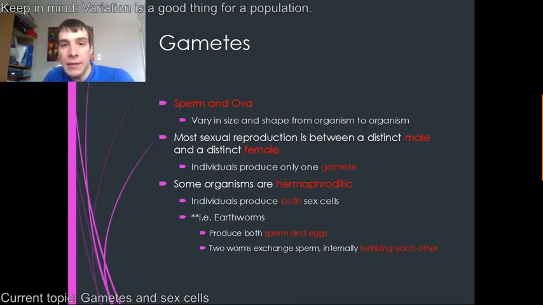In seahorses, the males will carry the kids. The females still produce the eggs, but then they transfer that fertilized egg into the male, and the male is the one that carries the kids. The female creates the eggs, but that doesn't necessarily mean that she's the one that gives birth. It's an interesting example.